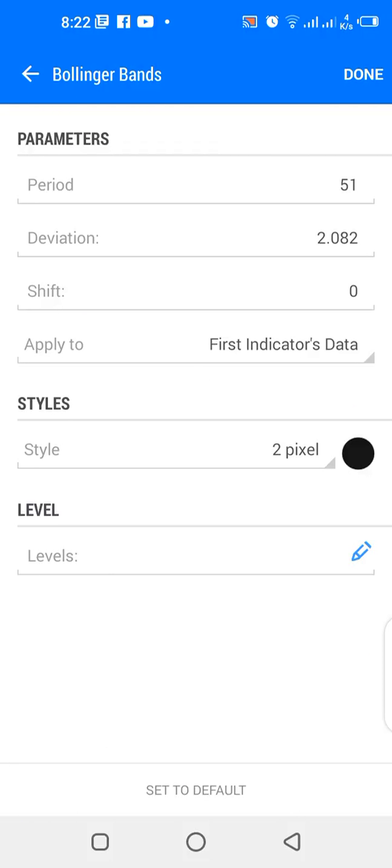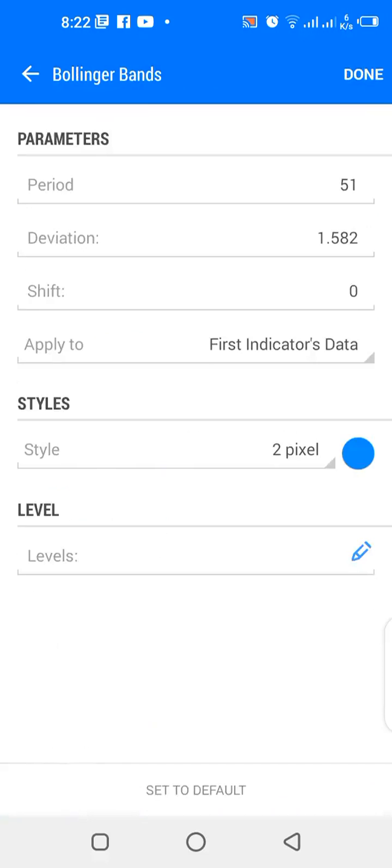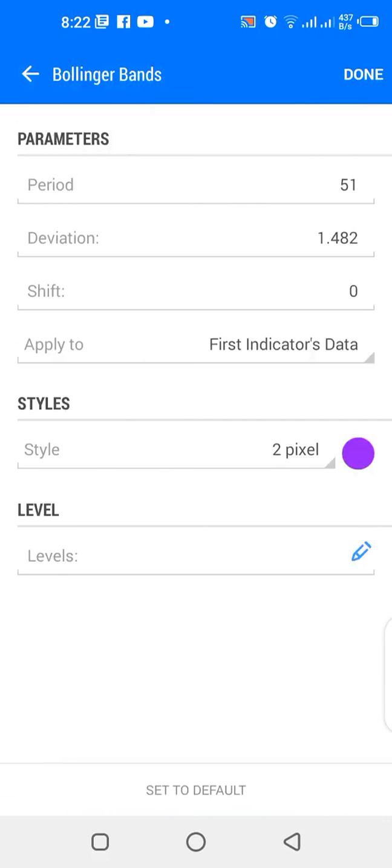The color is black. And the second one is another Bollinger Band. The period is 51. Deviation is 1.582. Apply to first indicator's data, and the color is blue. The third one is also a 51 period Bollinger Bands.